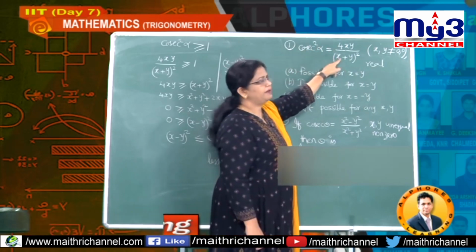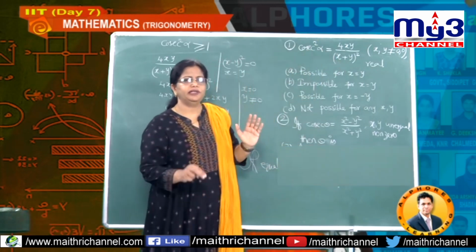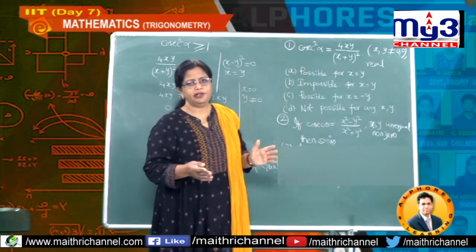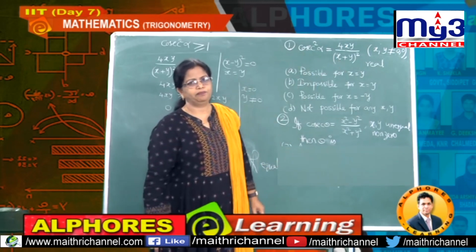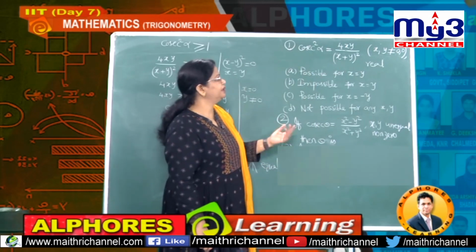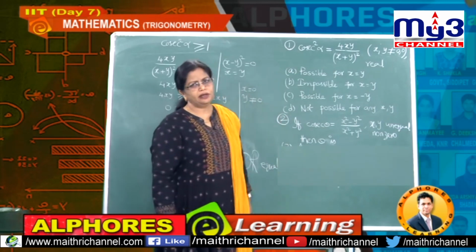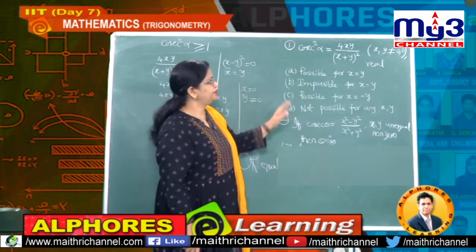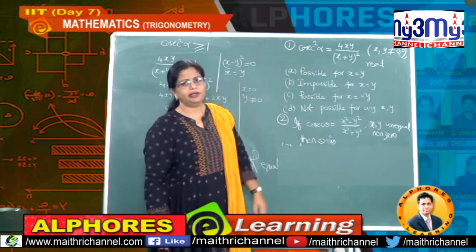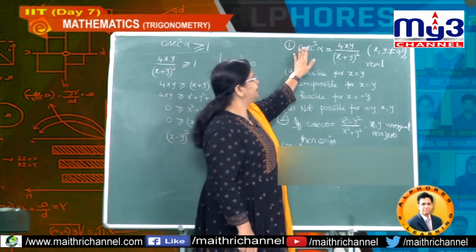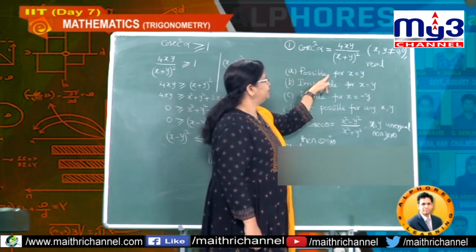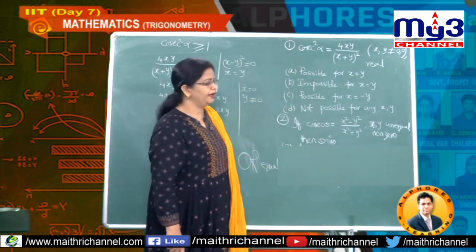Cosecant square alpha equals 0, but 0 is not in the range of the cosecant function. That's why, students, even this one value 0 is not at all a real value. So you should observe the given condition very carefully. So finally, what is our answer? Possible for x equal to y.